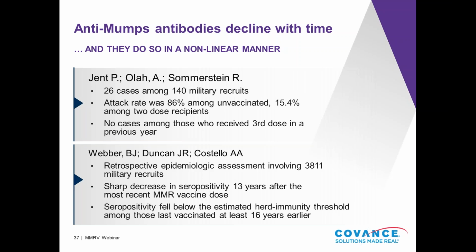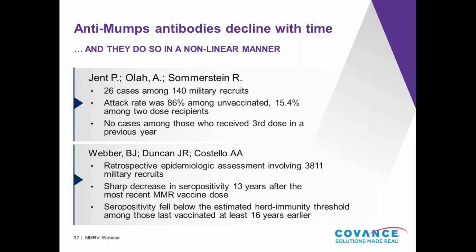As a follow-up to the outbreak, they investigated whether the administration of a third dose of the MMR vaccine had been protective by stratifying the data according to the timing of vaccination. In line with the report by Cardemil and colleagues, the attack rate was 86% among soldiers who received no vaccination.